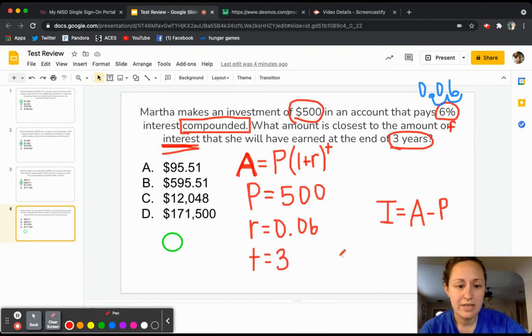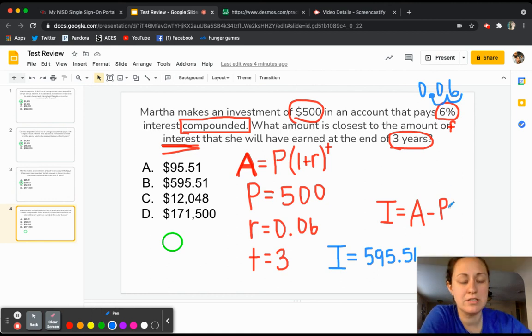So our total account balance, I'm going to rewrite my formula. Let's use a different color. We're still solving just for our interest. So we're going to take our $595.51 and we're going to subtract our principal. We want to subtract what we started with.